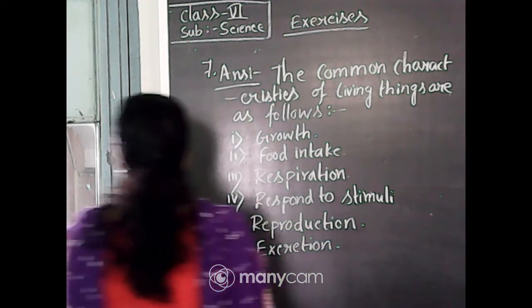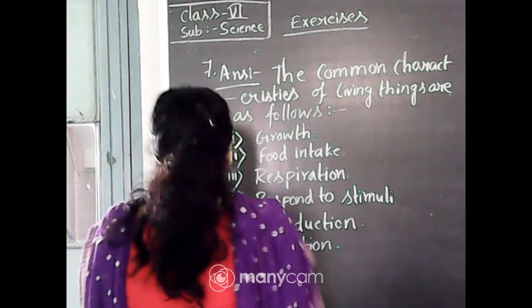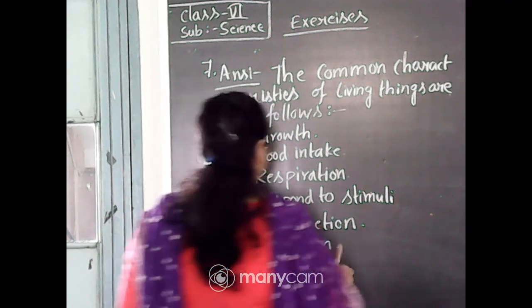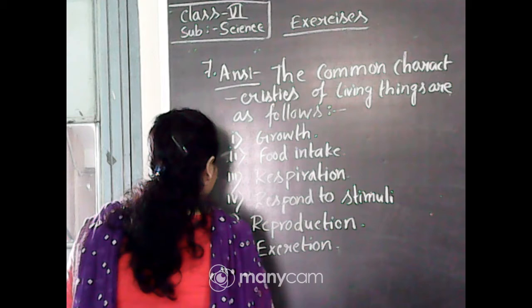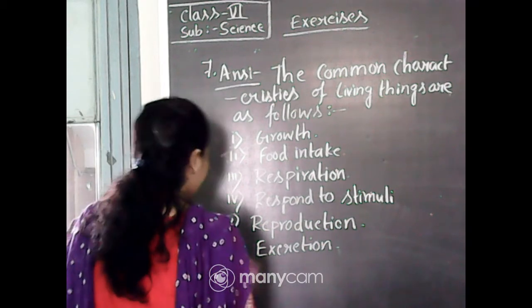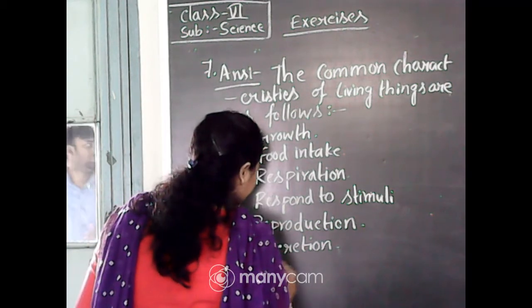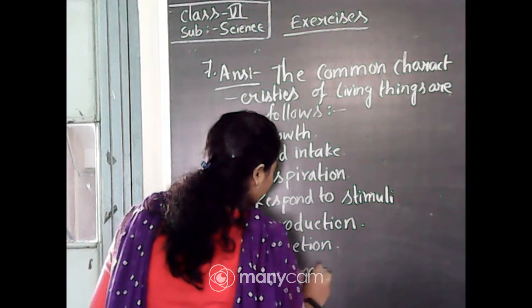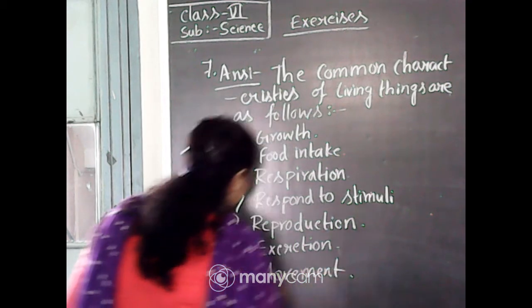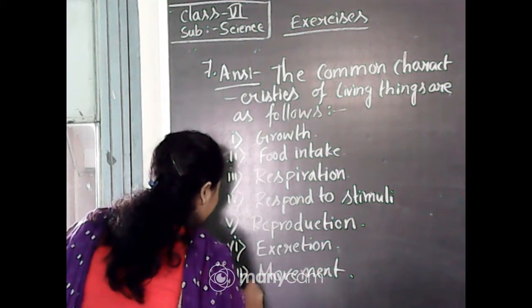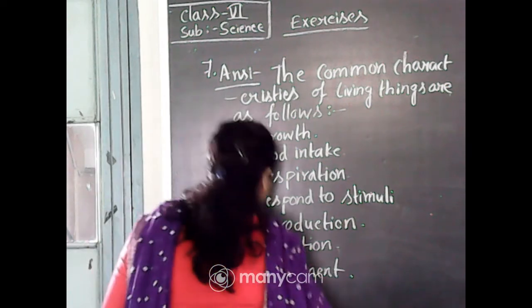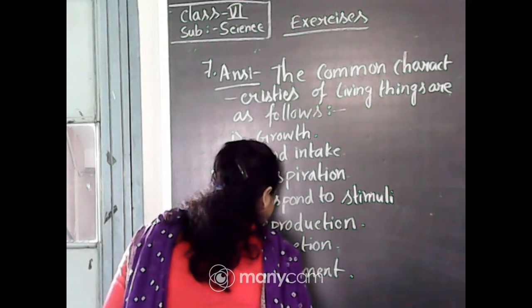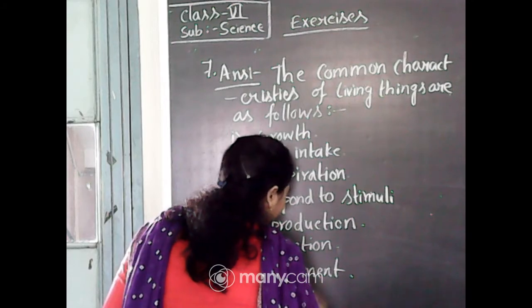By the process of excretion, undigested material is removed from the body. Next characteristic, movement. They move from one place to another. Last point, they have a definite lifespan. Okay.